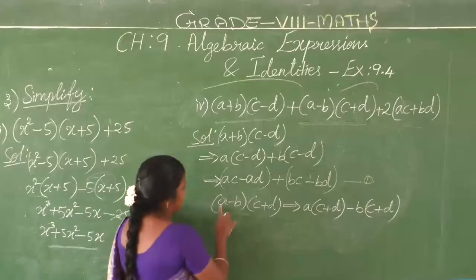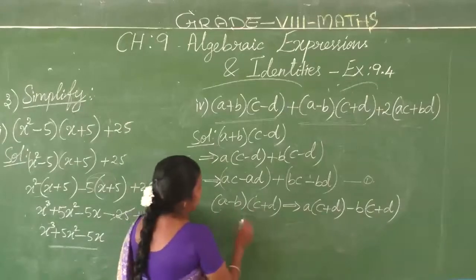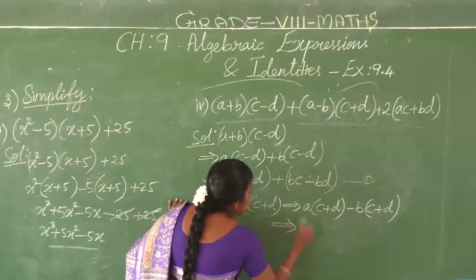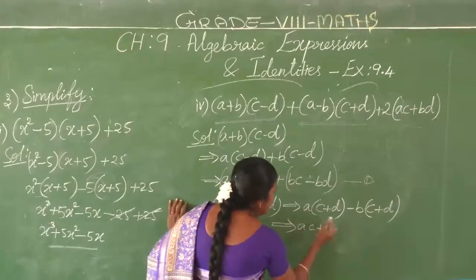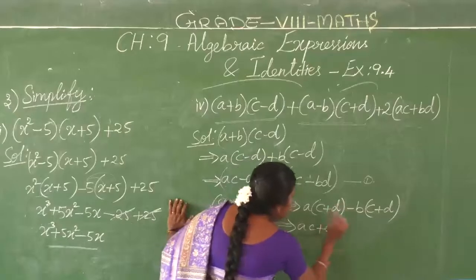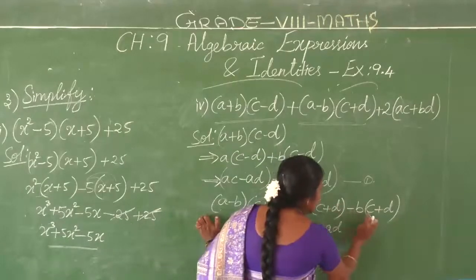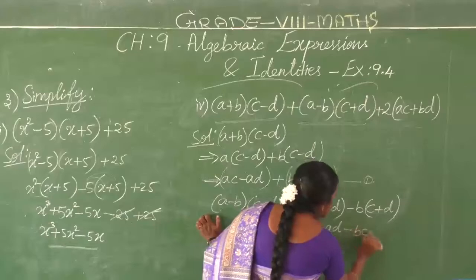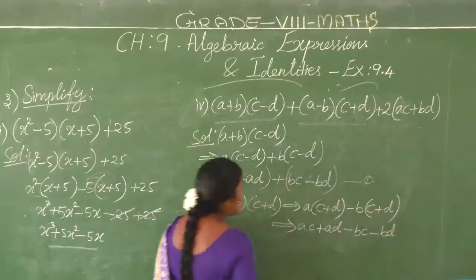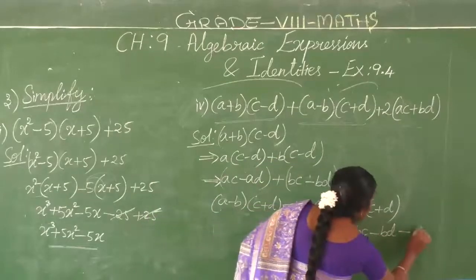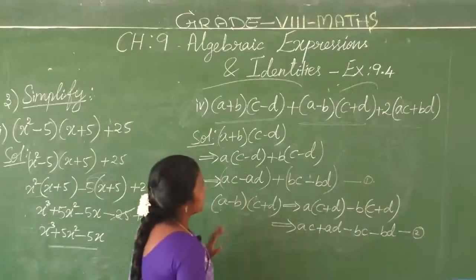Simplified, what comes? A into c, ac, plus into plus is plus, a into d, ad. Come to here, minus into plus is minus, b into c, bc, minus into plus is minus, b into d, bd. This is the second part answer. Okay, keep it.